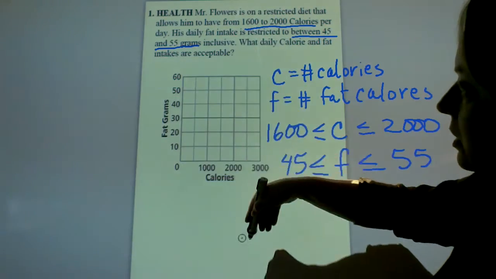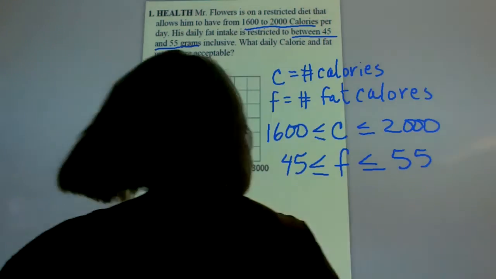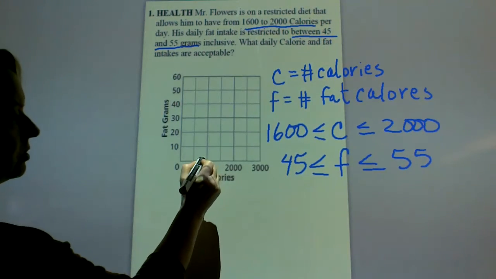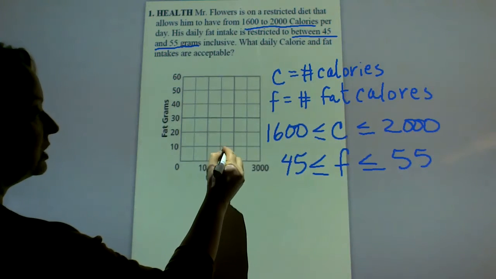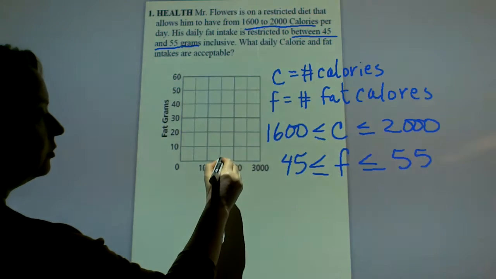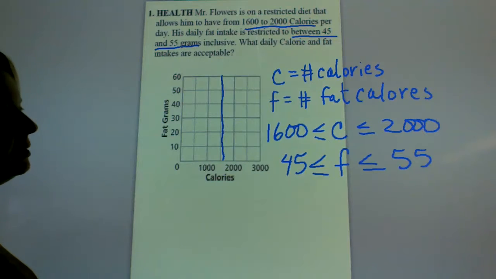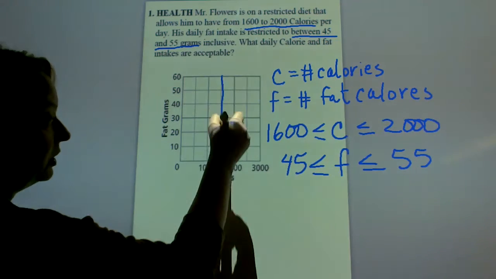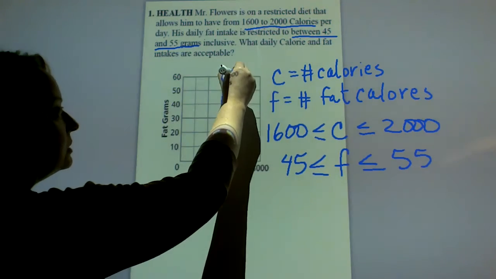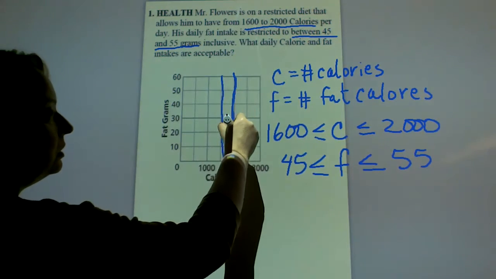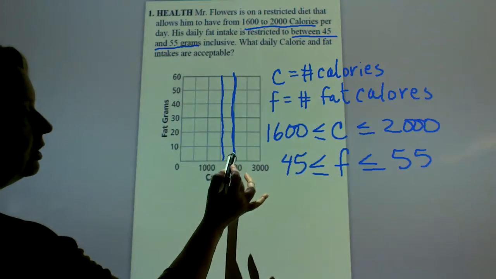Let's go ahead and draw in the boundary. 1,600 is about right here, and we're just going to draw a vertical line up and down. It'll be a solid line because it includes it. And then we're over at 2,000. So there's your two lines here, and it's going to be shaded in between.